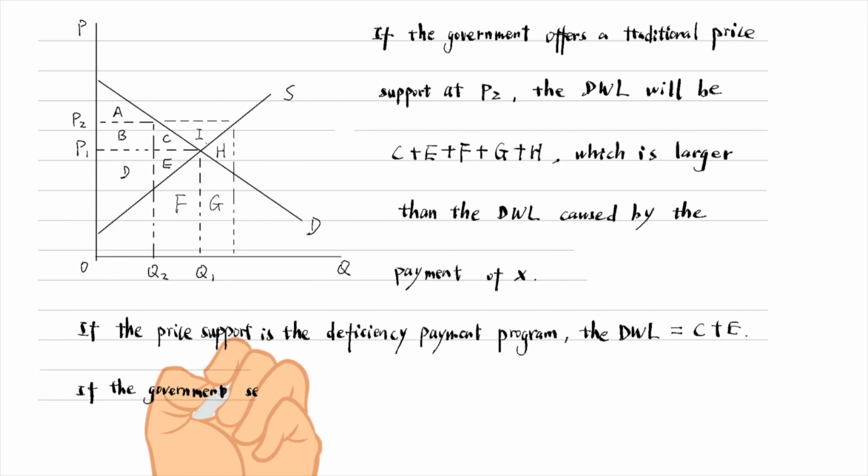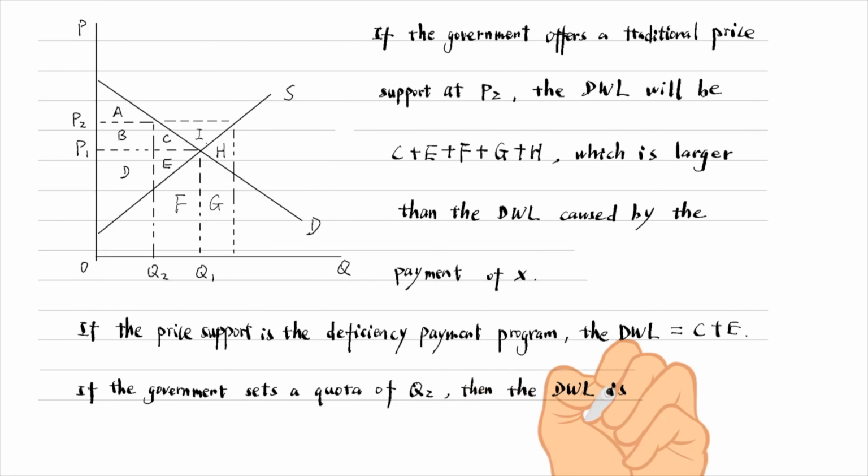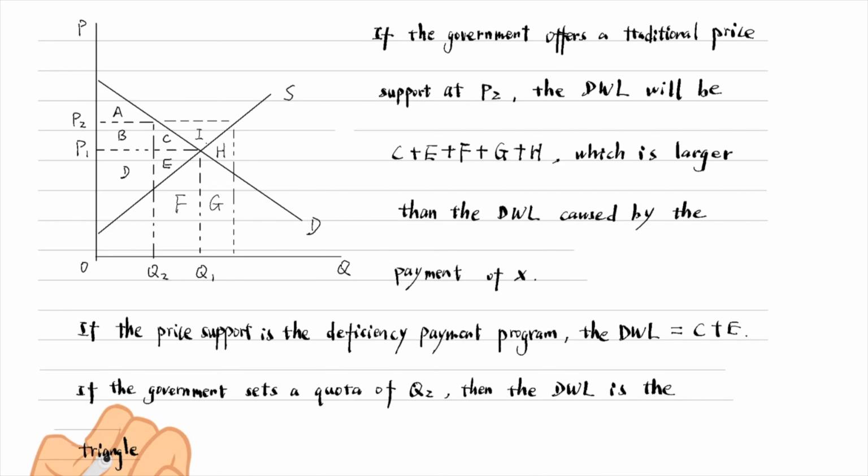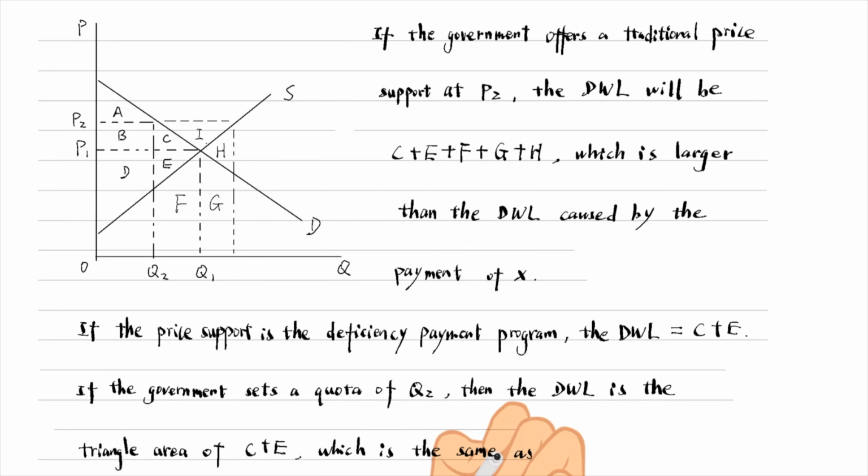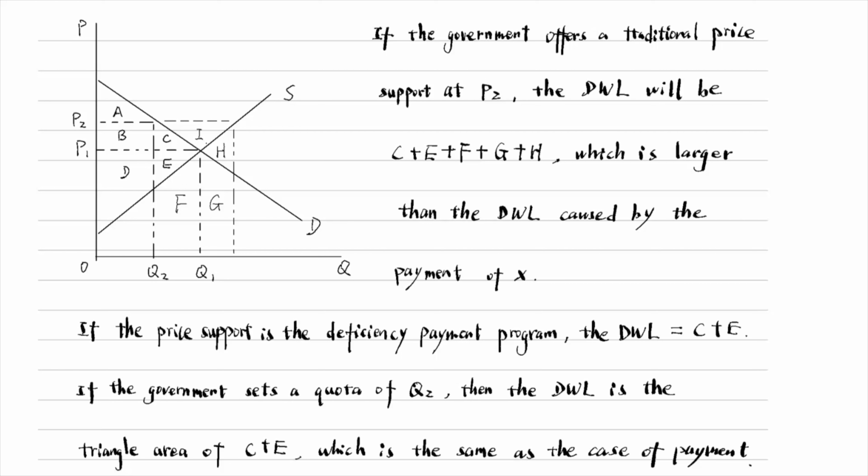If the government sets a quota of Q2, then the deadweight loss is the triangle area of C plus E, which is the same as the case of payment X.